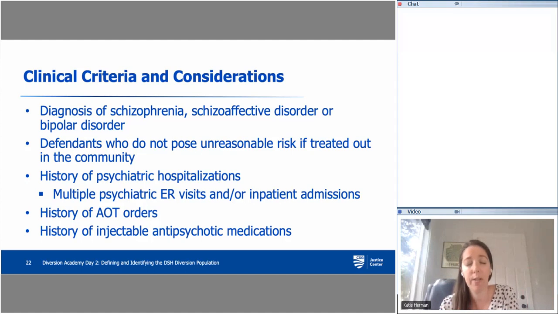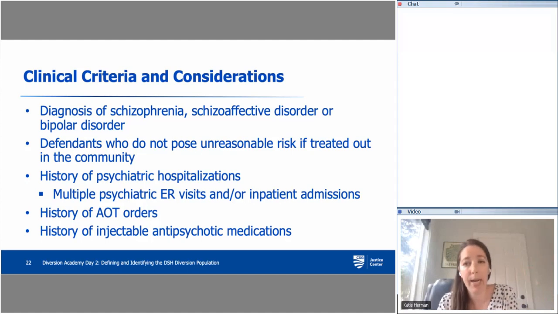If you see a history of many psychiatric hospitalizations, either many ER visits for psychiatric issues or inpatient admissions, people that have histories of AOT orders, or people that may have had histories of injectable antipsychotics. This doesn't mean that just having these things in your records means you're eligible for diversion, but things to be looking out for.